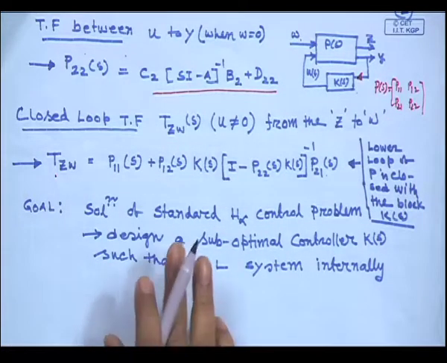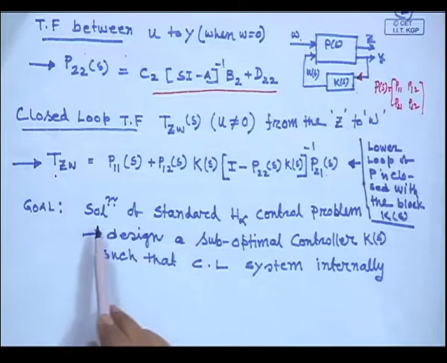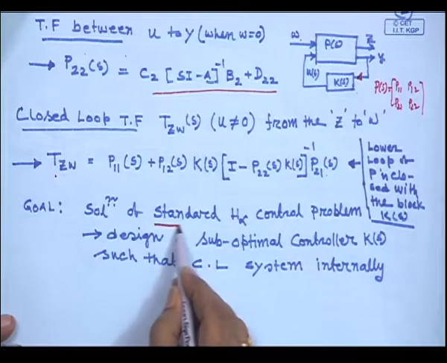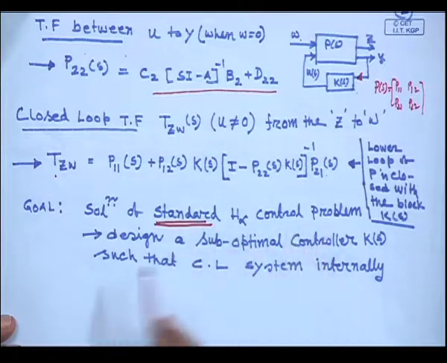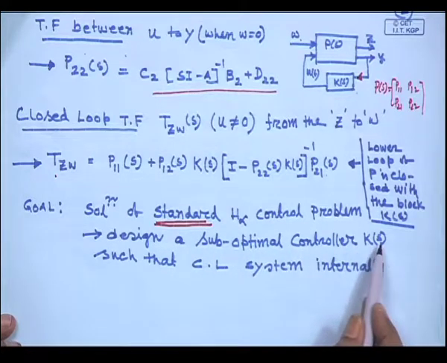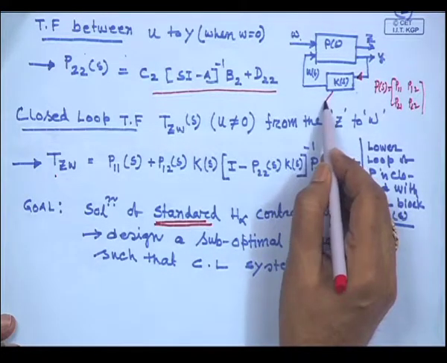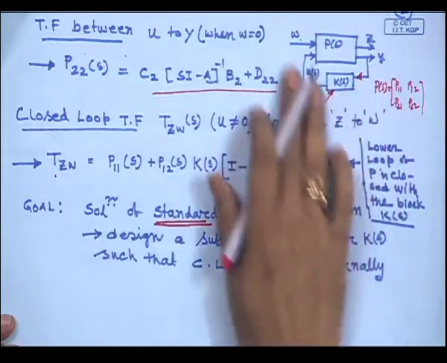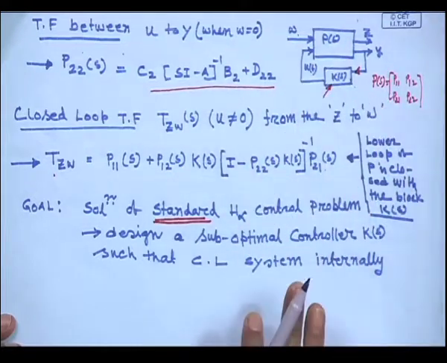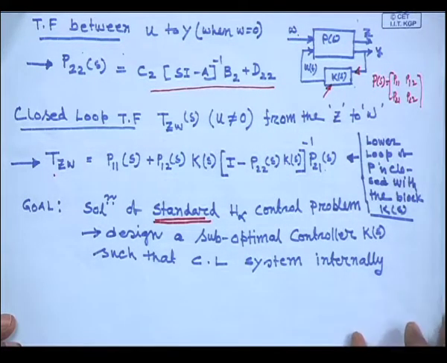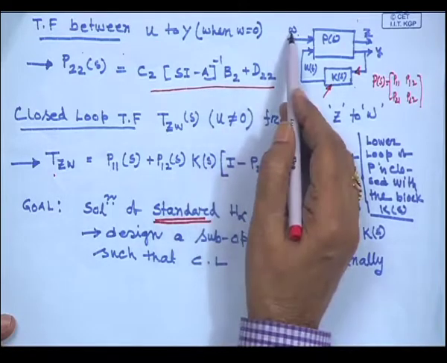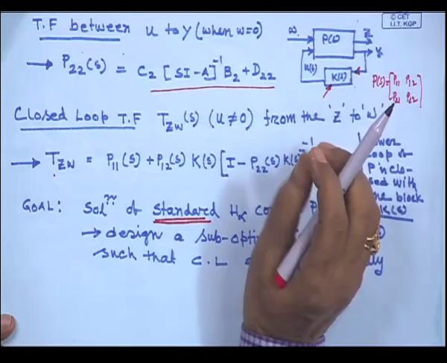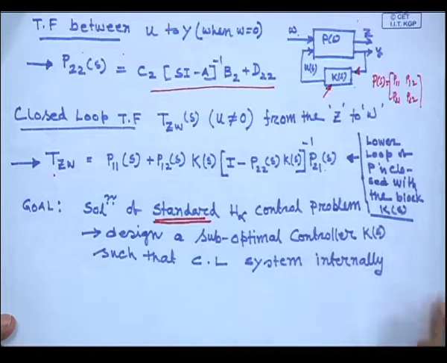Our statement of the problem is the solution of the H infinity control problem. The standard H infinity control problem means to design a suboptimal control K(s) such that our closed loop system should be internally stable. Not only that, the effect of disturbance on regulated output should be less than some pre-specified positive quantity.